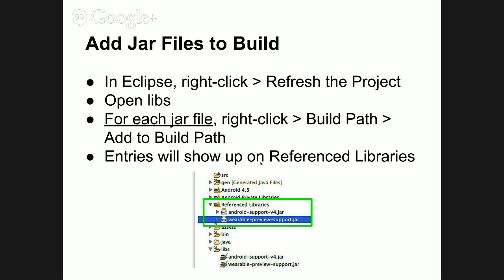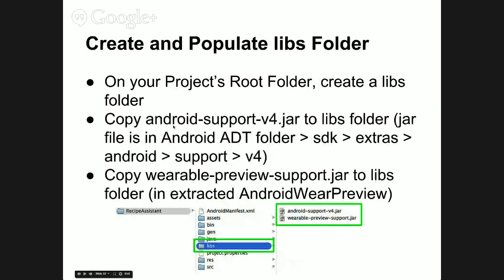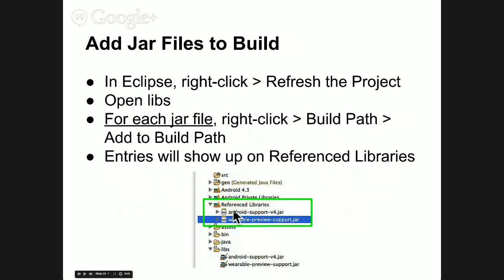Once you've copy pasted those lib files, first you have to refresh the project so the files pop up. Then for each jar file, you right click, go to build path, add to build path.